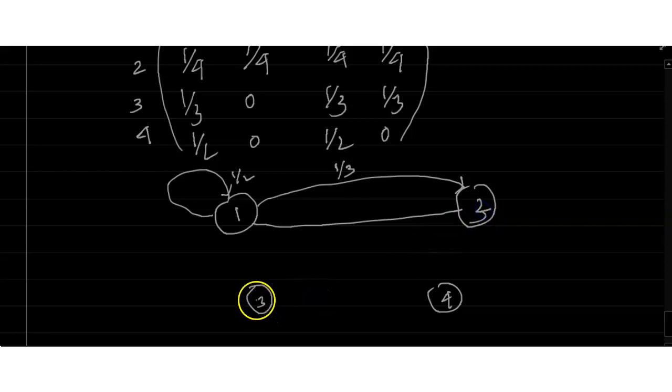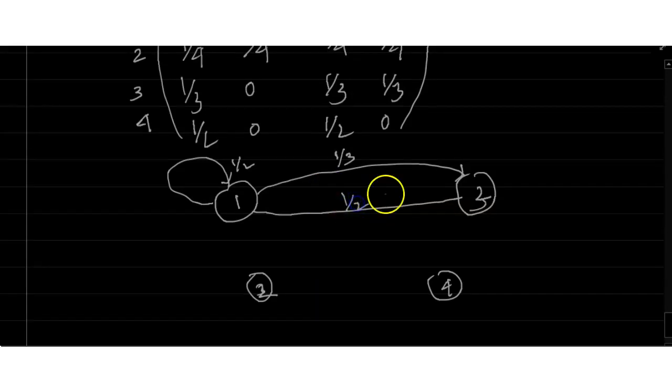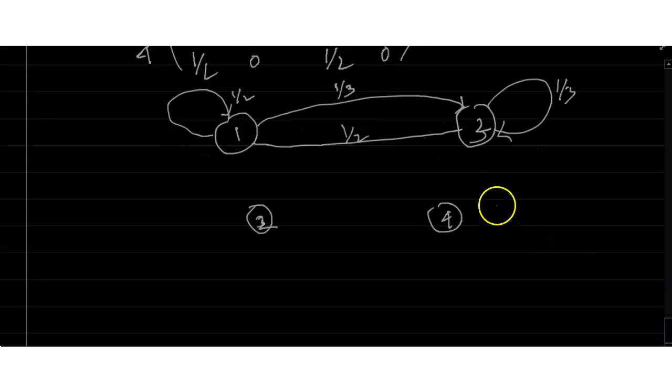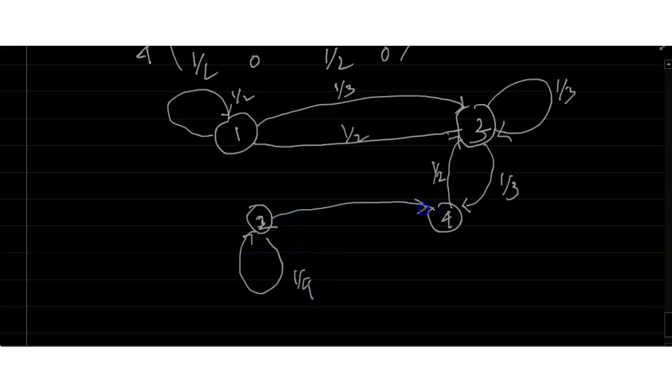I can write this is 3, this is 2, and 1 to 3, this is half, and 3 to 3, this is 1 by 3, and 3 to 4, this is 1 by 3, and 4 to 3, this is 1 by 2, and 2 to 2 is equal to 1 by 4, and 2 to 4, this is 1 by 4, and 1 to 2, this is 1 by 4. This is my total directed structure.